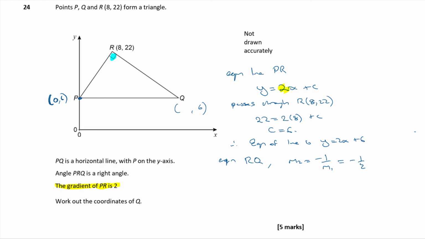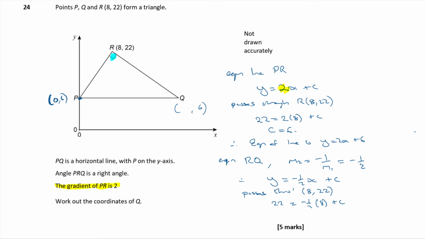So that had a gradient of 2, so that is going to be minus a half. It's the negative reciprocal of the gradient of the other line. So the equation is going to be of the form y is equal to negative a half x plus c. And we know it also passes through the same point, (8, 22). So subbing those numbers in, I get 22 is equal to minus a half lots of 8 plus c.